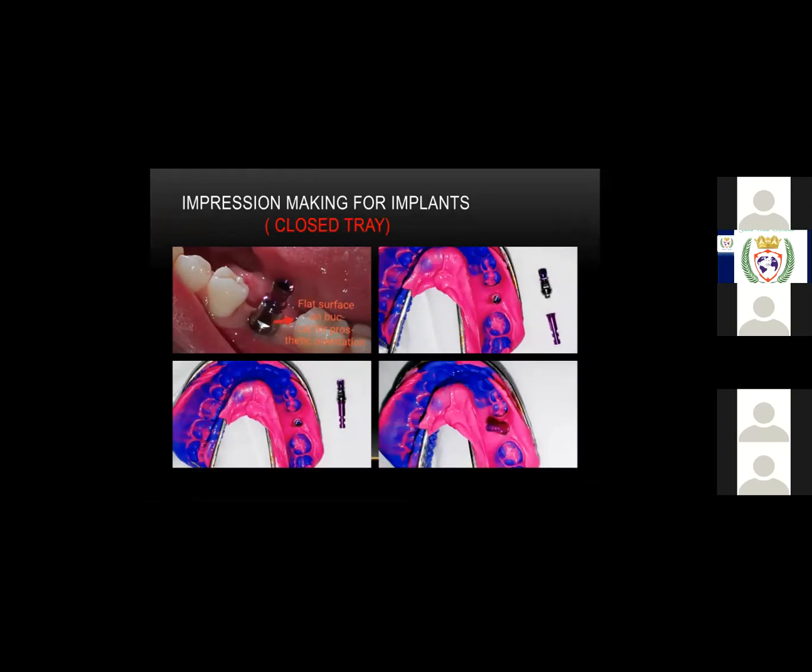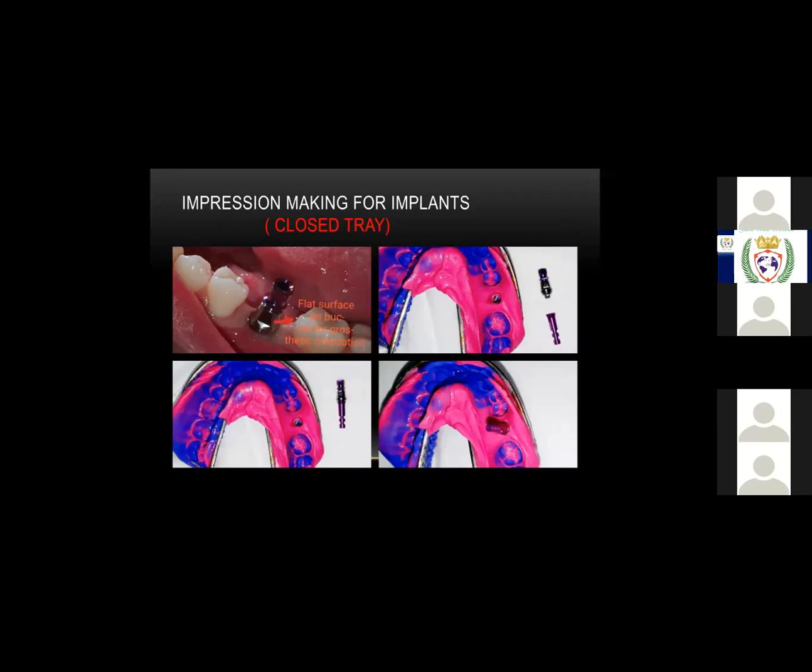Now, very important, I have only 2 or 3 things to discuss. Impression making is very, very important. When you do the impression, always use a rubber-based impression. The best material for impressions in prosthetics to reproduce anything is polyether, but the cost is very high, so at least use addition silicone.